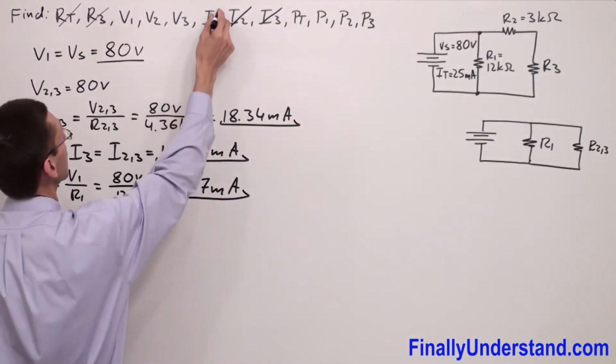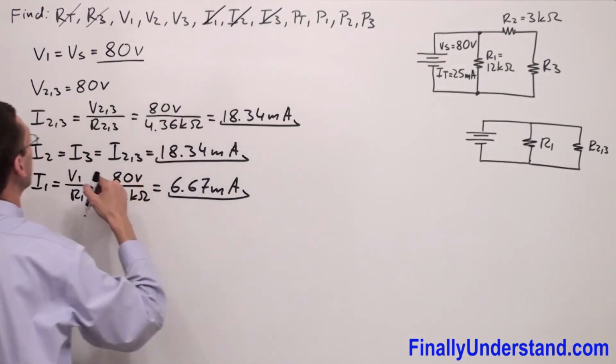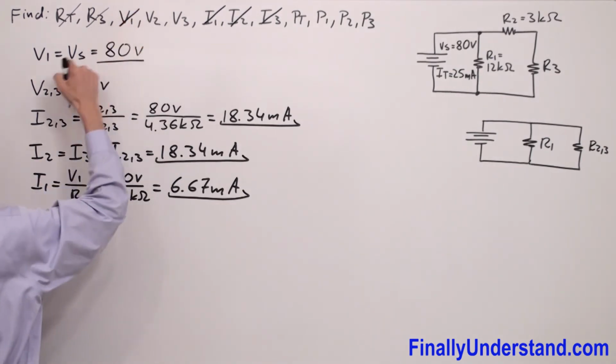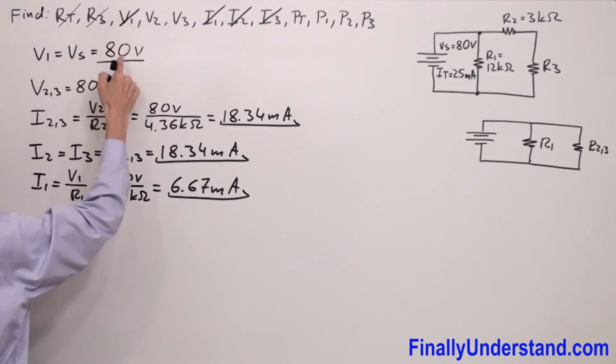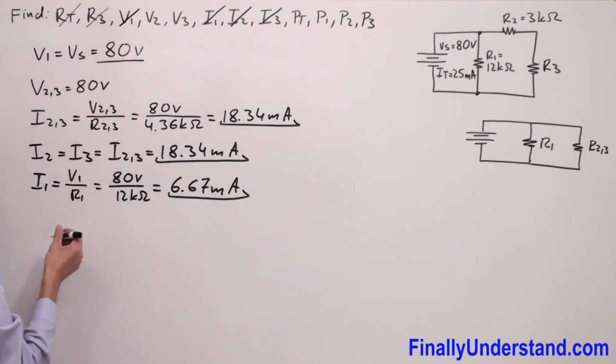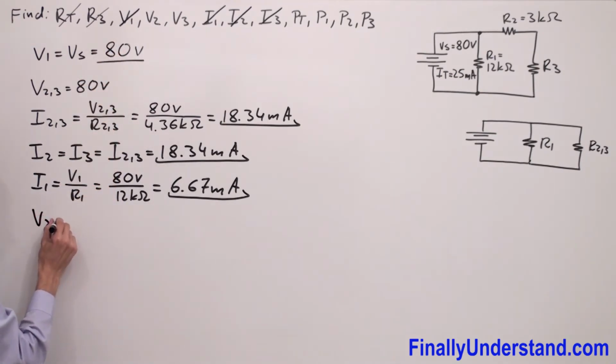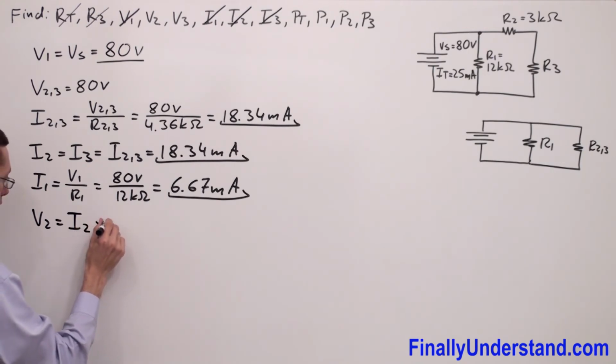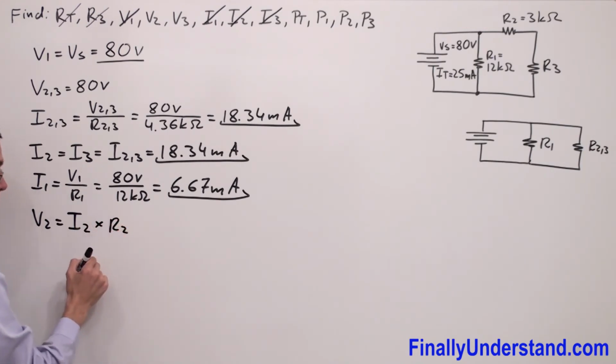Okay, we found I1. And V1 we said is also equal to the voltage source, 80 volts. That's why I'm going to cross this out. So in order to find V2, I'm going to use Ohm's law. V2 is equal to the current which goes through resistor R2 times the resistance of resistor R2.